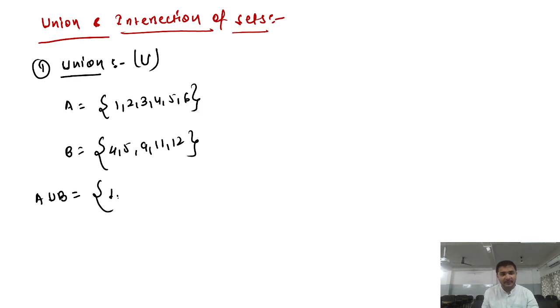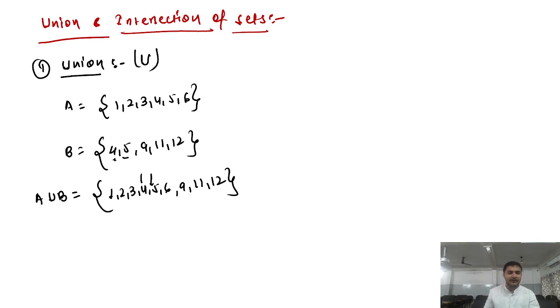That means we'll have 1, 2, 3, 4, 5, 6. With that we'll have 4, 5. Look, 4, 5 we have already entered here. Then we need to enter 9, 11, 12. So this A union B is nothing but a set in which A will be there and B will be there, right? That is what we call A union B.